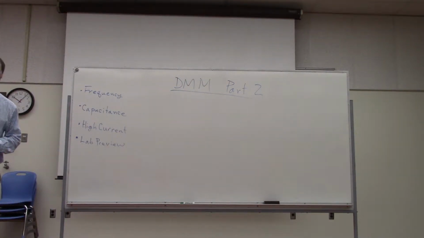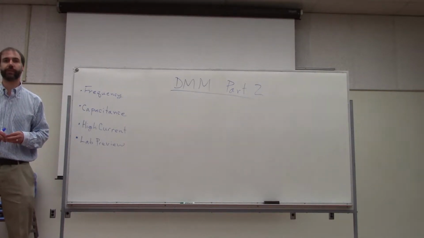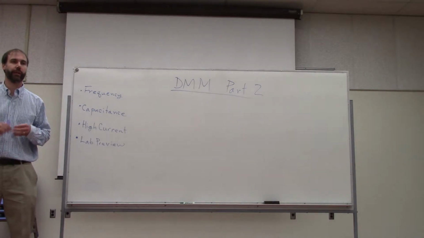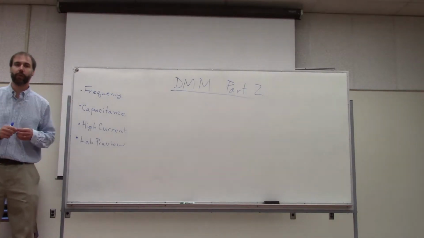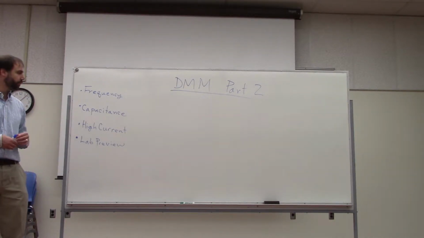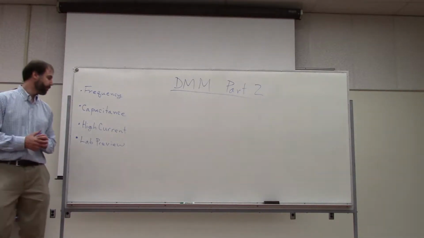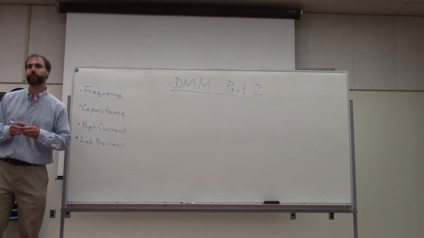We're going to have a whole lecture a little bit later on that discusses capacitors and inductors. So we're going to talk a lot more about it later on, but I want to tell you a little bit about capacitors now so that you have some idea of what we're measuring when we measure capacitance. Okay? So first of all, let's talk about what a capacitor is.